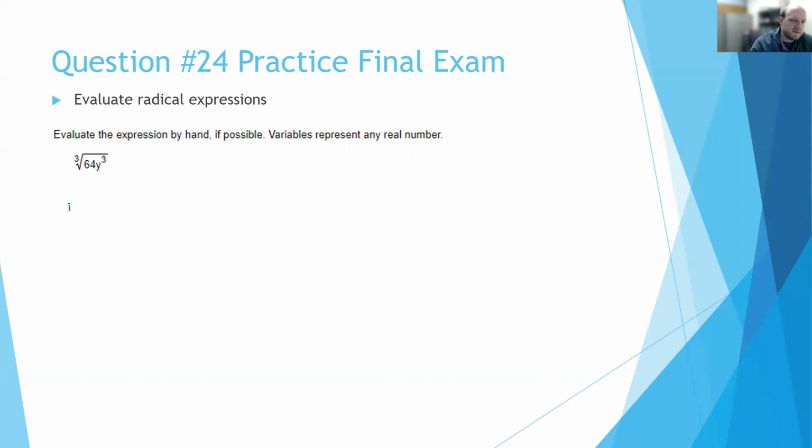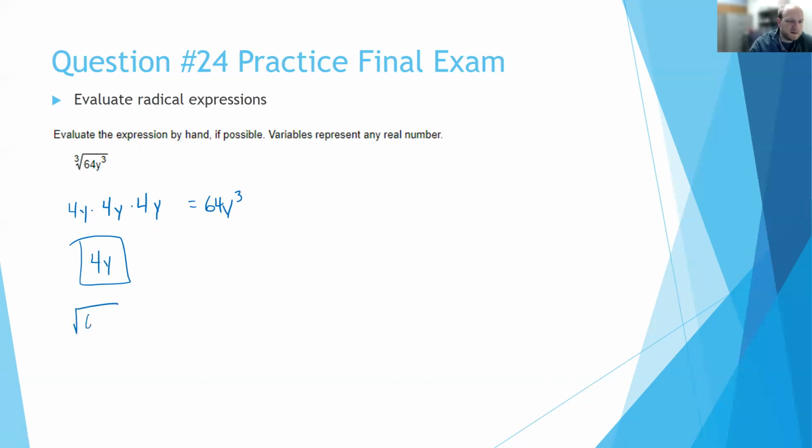But if we took 4y times 4y times 4y, that would give me 64y cubed. But then we're taking the cube root of that, so the answer is just 4y, because that's the thing that we need to multiply together to get what's on the inside here. So we need 3 of the same things to get that answer.